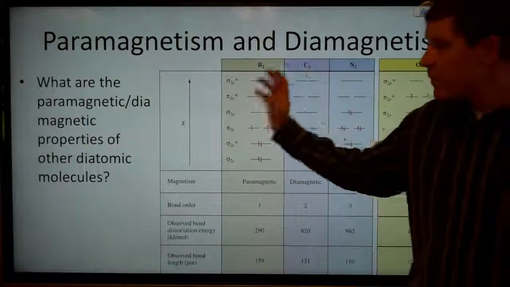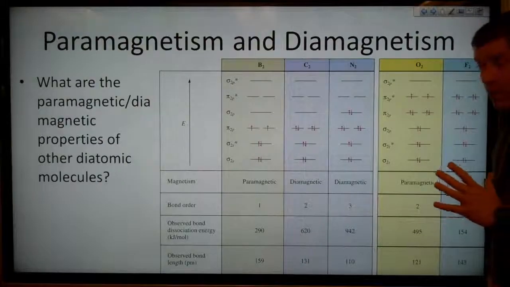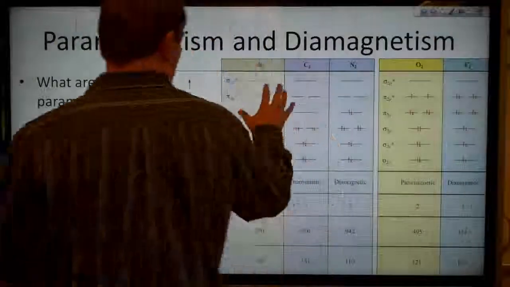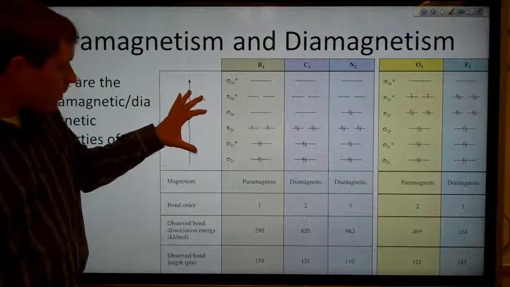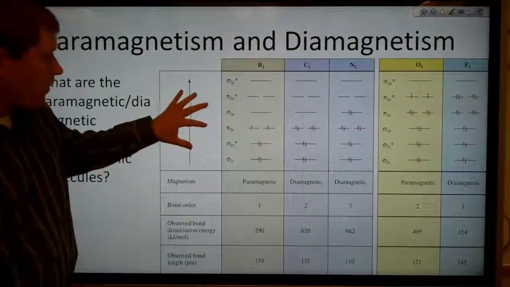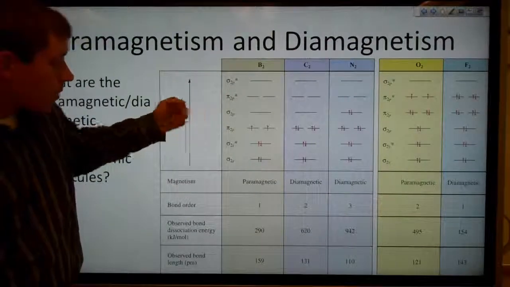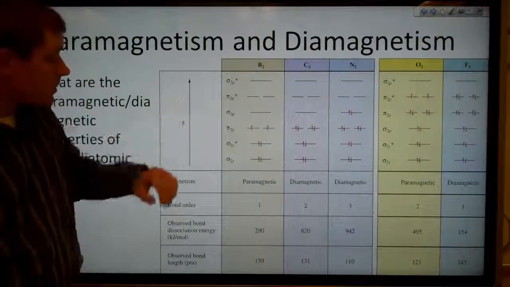So if we look at some of the paramagnetic and diamagnetic properties of the other diatomic molecules, we can see that here. So we see with boron, carbon, and nitrogen the same swapping of the sigma and pi 2p orbitals, where the pi 2p orbitals are lower in energy than the sigma 2p is.